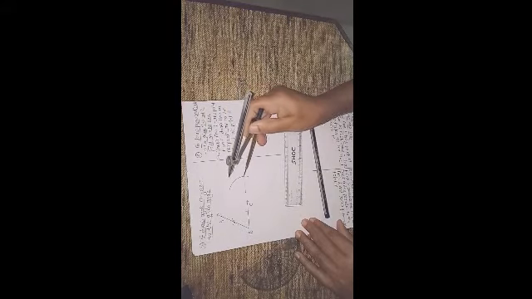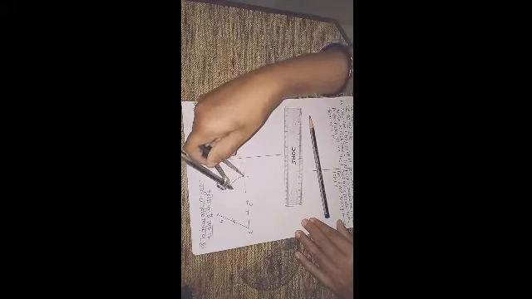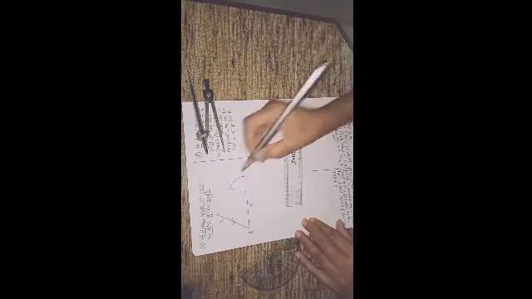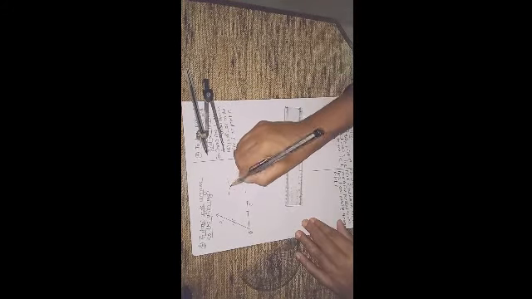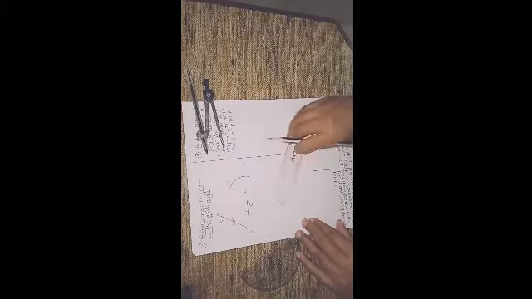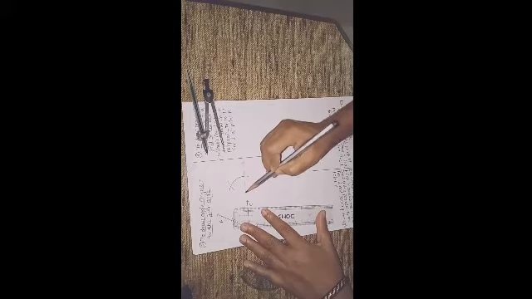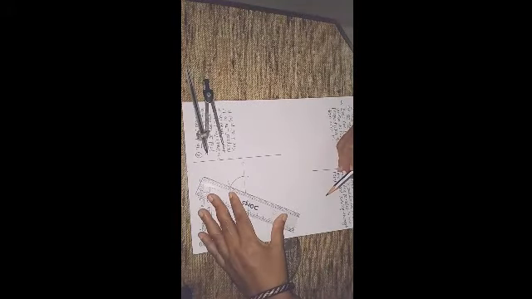Now keep the compass on this arc, on this ray, and intersect this arc this way. Okay. So here we got the point of intersection. Now you have to draw the ray passing through this point of intersection and this origin.